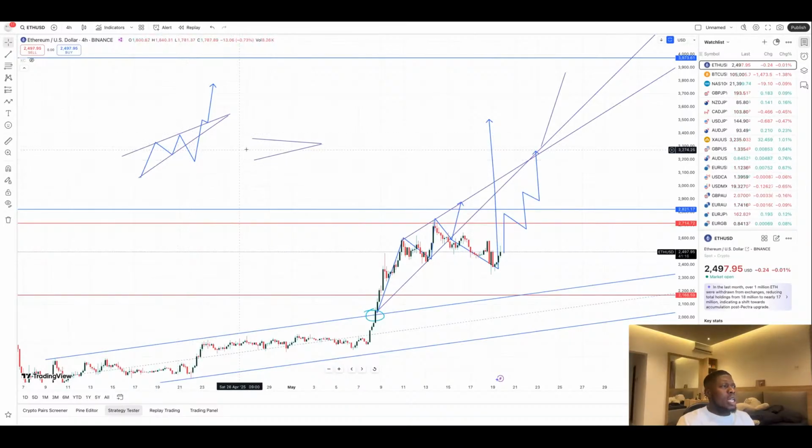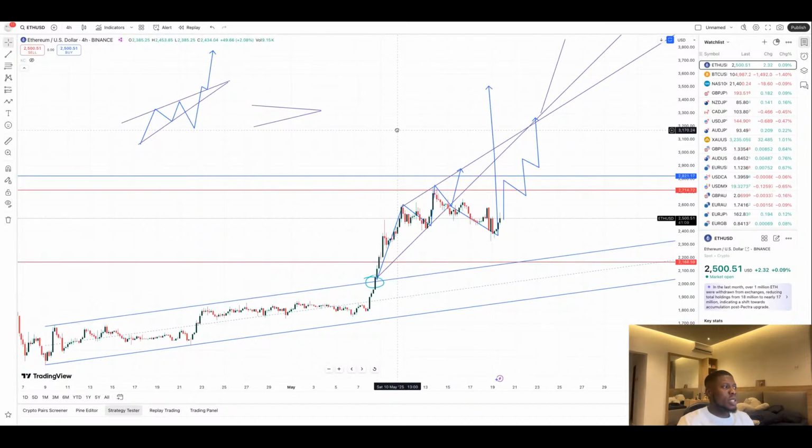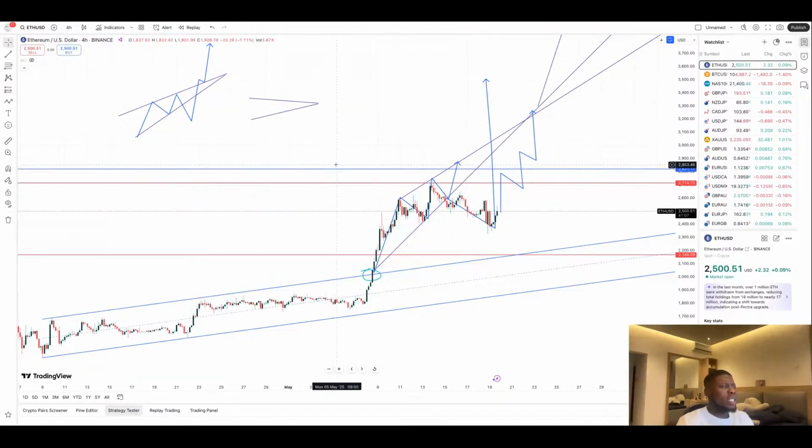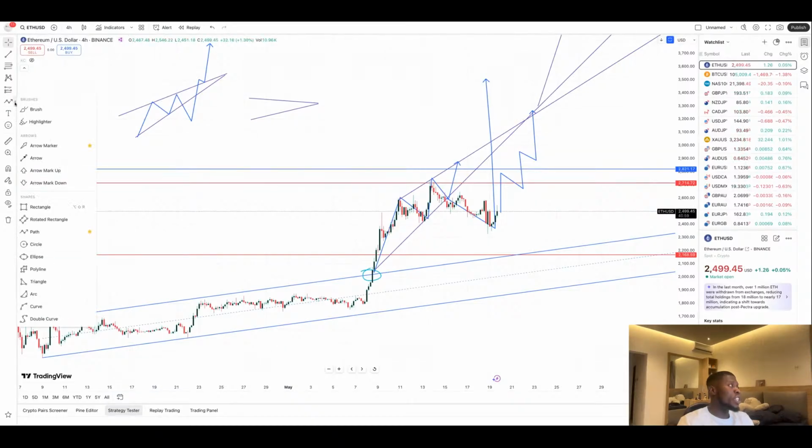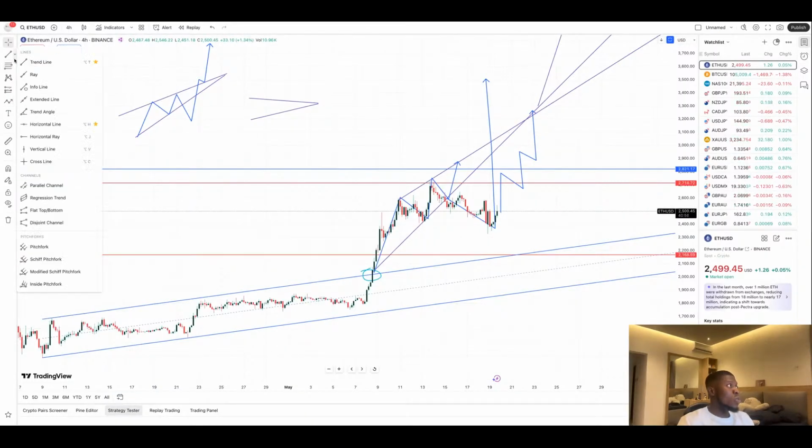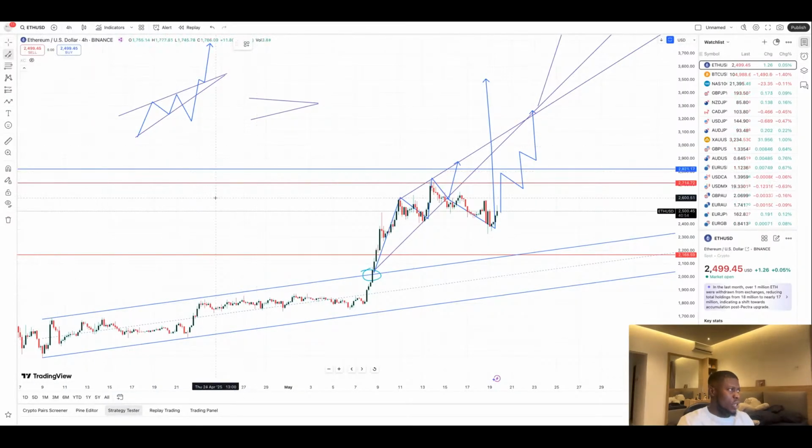So the way you differentiate this triangle and a rising wedge, let me give you a hint. I'm going to give you a breakout to differentiate between a rising wedge and a continuation triangle.